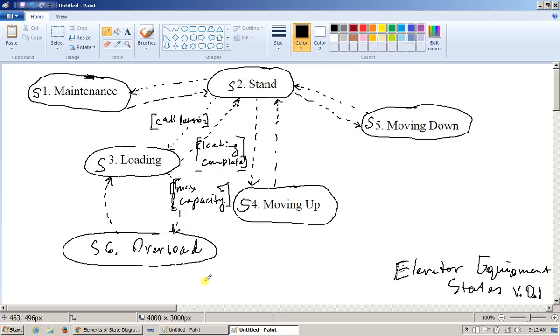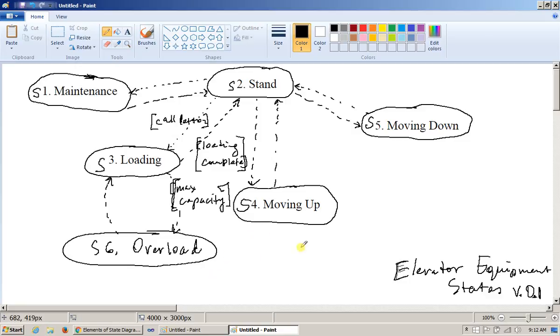So again, you see how thinking about different types of situations can be formalized very effectively with state diagrams. They really provide this capacity to formalize things that are very important for operation of this equipment.